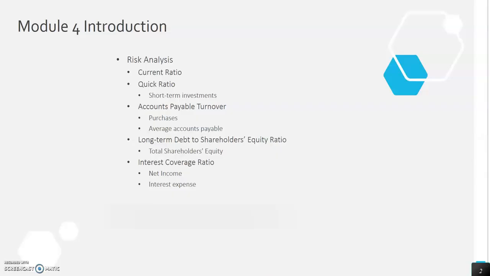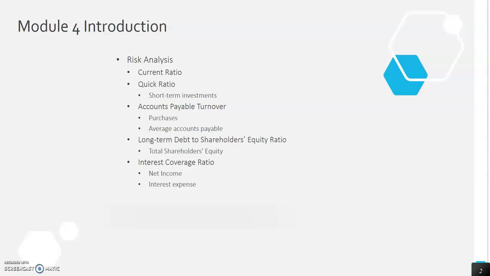I've seen in practice people using the current ratio as a percentage, because what it is basically saying is the percentage of your current assets as it relates to your current liabilities, or in other words, your ability to pay off your current liabilities. But in general, especially in this textbook, you will usually see your current ratio as a decimal, and that is, I would say, the most accurate way of depicting it.